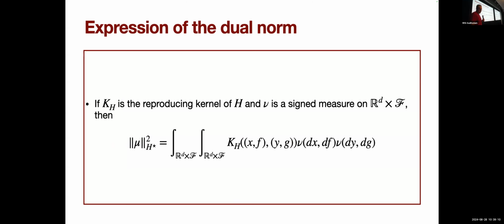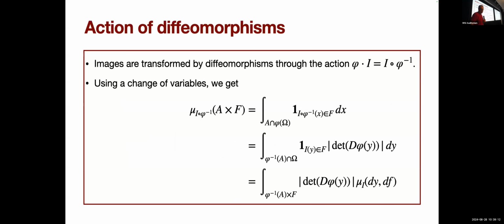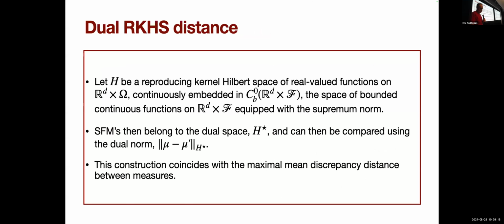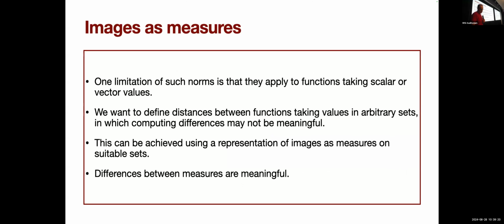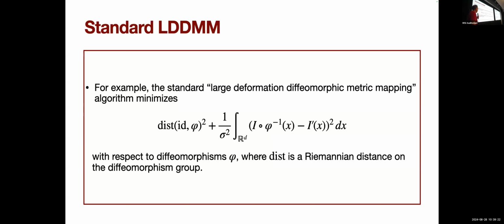Okay, so this is what we use, except that, if I go back to the formula we started with, there is somewhere the definition of how a diffeomorphic transformation transforms an image that appears in the objective function.